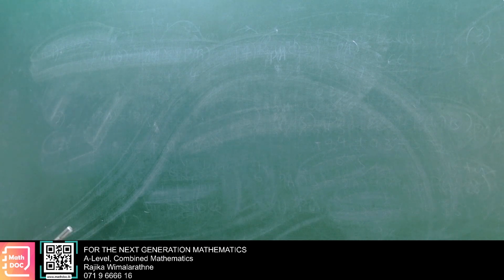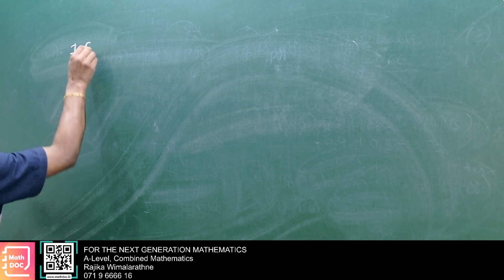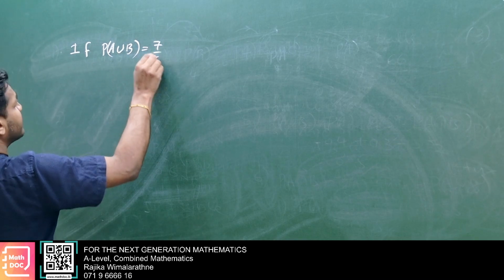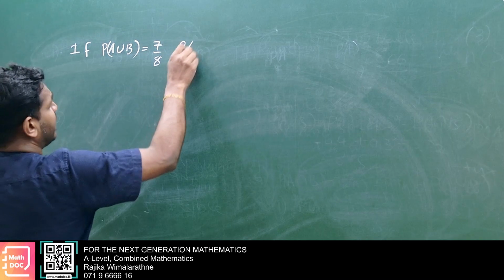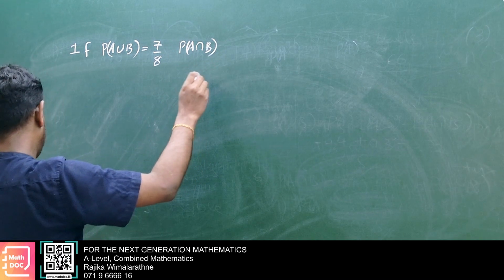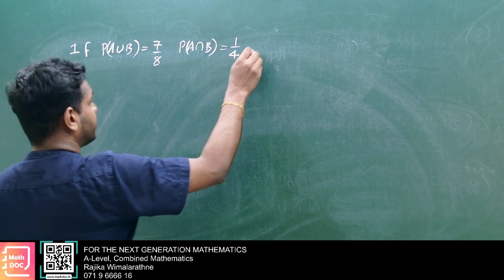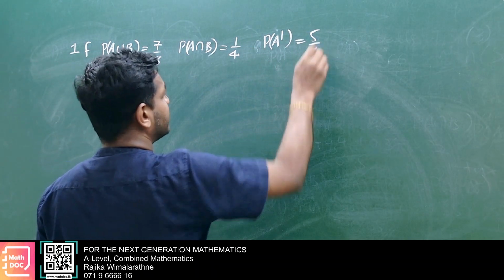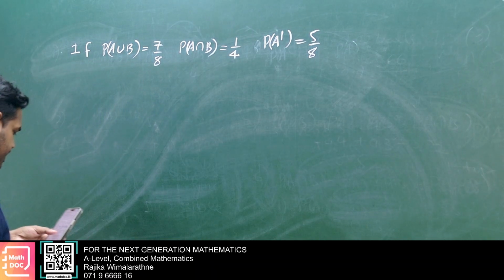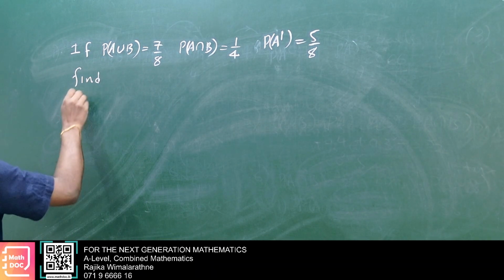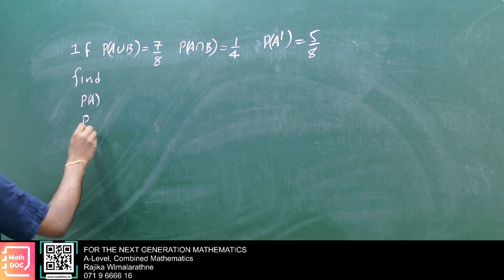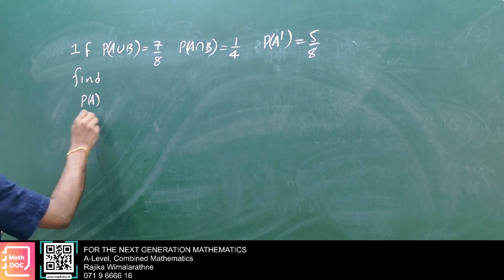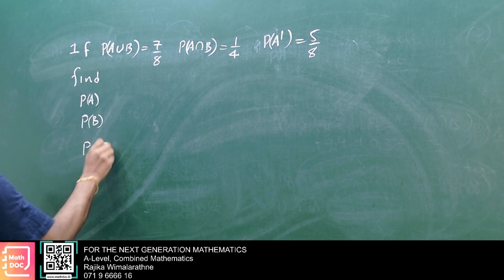Okay. Then second question: if P(A union B) is 7 over 8, P(A intersection B) is 1/4, P(A dash) is 5 over 8, find P(A), P(B), P(A intersection B dash).